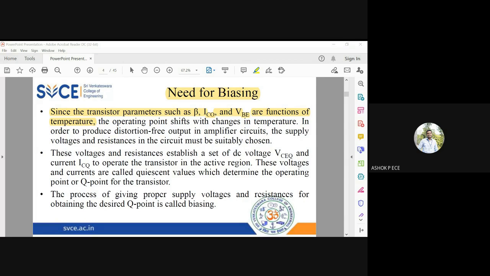What is the VBE value for germanium? After what voltage does your silicon diode or germanium diode start conducting? 0.7 and 0.3, sir. Yes, 0.7 for what? 0.7 for silicon and 0.3 for germanium. Yes, it is between 0.2 and 0.3 for germanium.